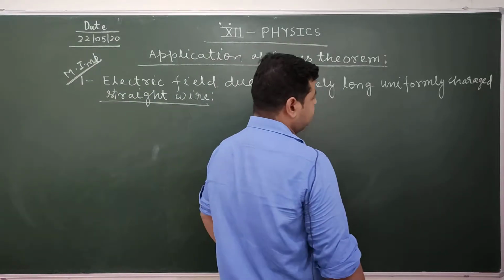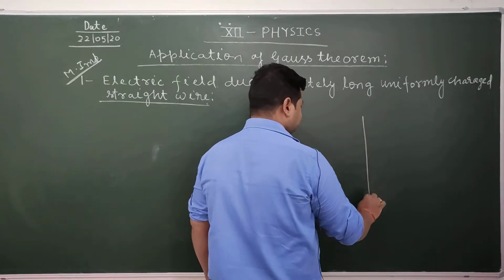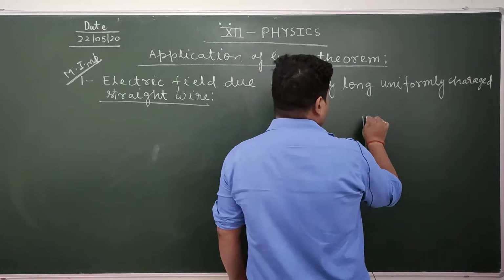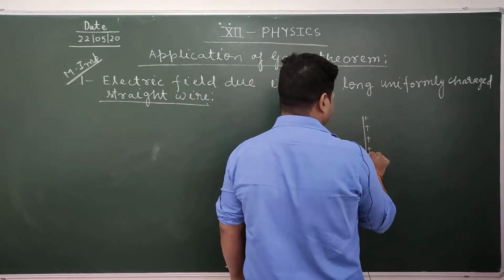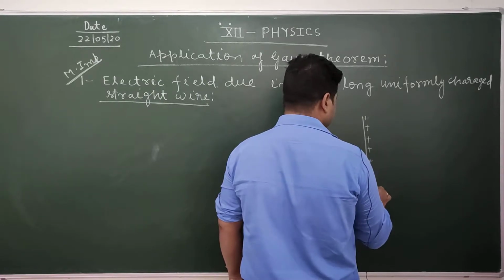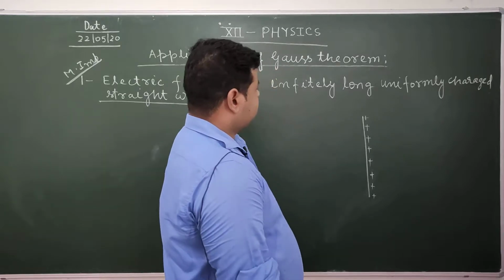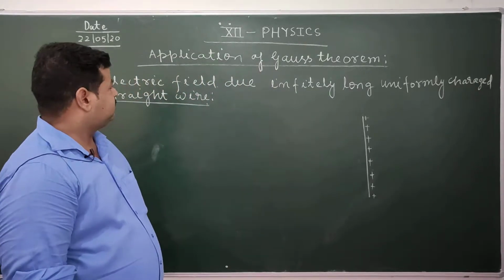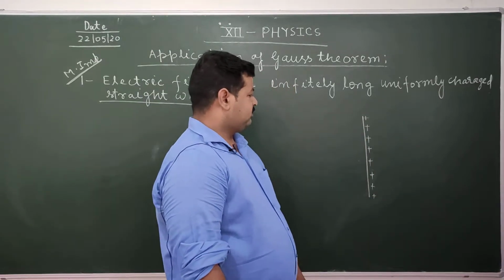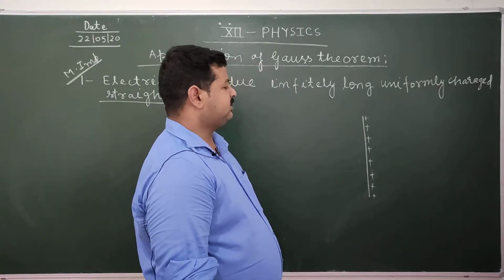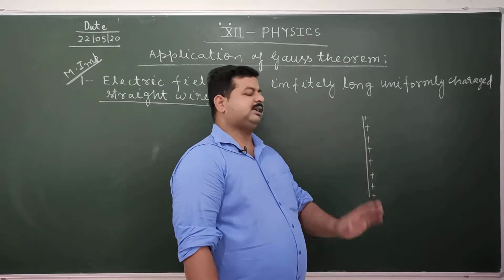So first of all we make the diagram. Let us assume that this is a straight wire and positive charge is uniformly distributed on it. For the calculation of electric field due to this straight wire, we draw a closed surface that is symmetric to the straight wire.